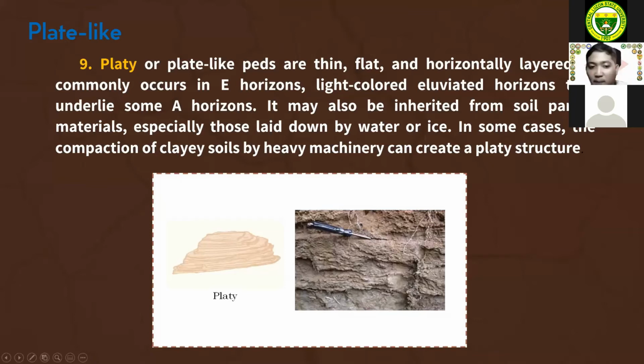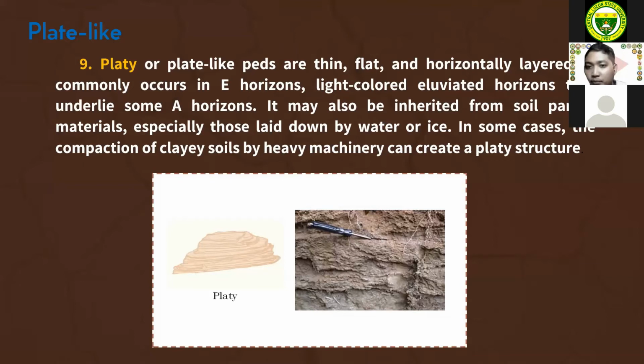So nagpo-form siya ng parang plate-like structure na pahaba. So karaniwan, ito yung this is the structure that is most or pinaka-less permeable. Pag sinabi natin permeability, ito yung pagdaan ng water or ng air dun sa medium. So hindi siya na nape-penetrate yung plate-like structure.